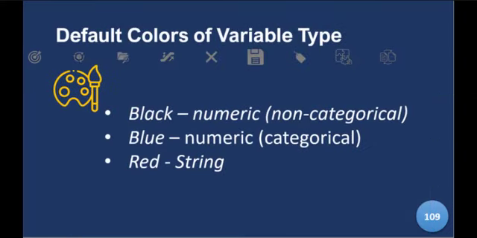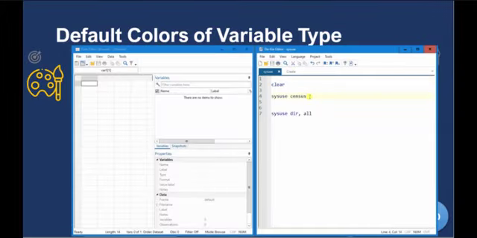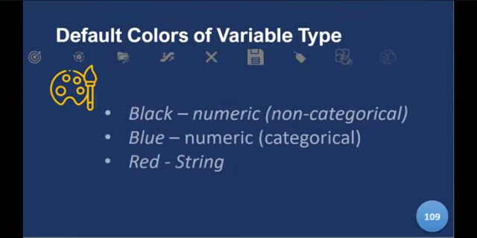Okay, final thing we need to talk about, the 10th thing, is default colors of the variable types. Now you remember in module 1, we referred to different formats of data. So we referred to the categorical, non-categorical, and the string. Just to emphasize here, let me go back quickly.